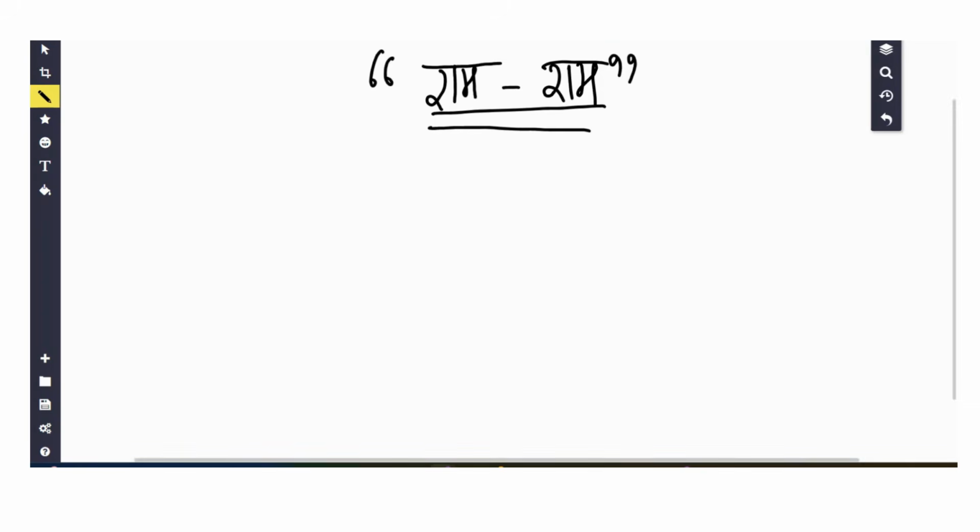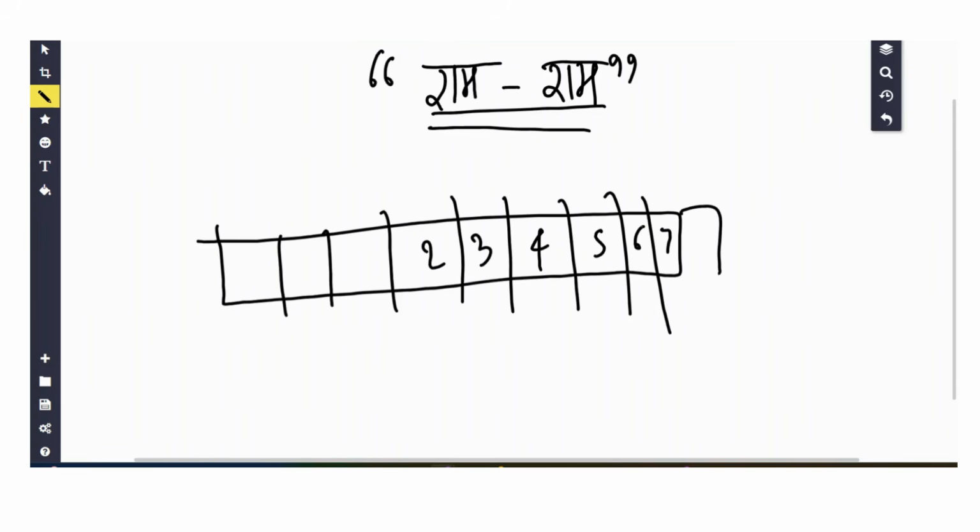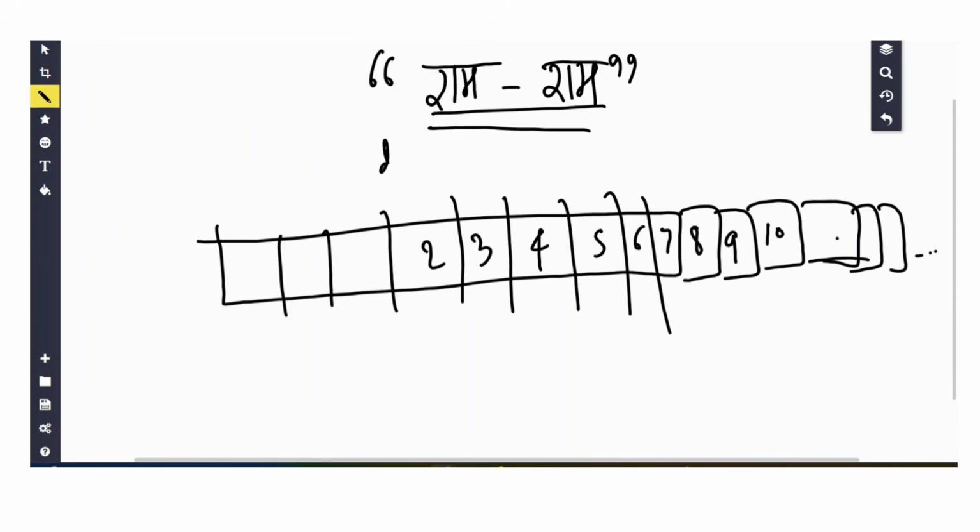What they are saying is that if I give you any random array, increasing numbers are there, right? So let's say you consider the range L like this, R like this.